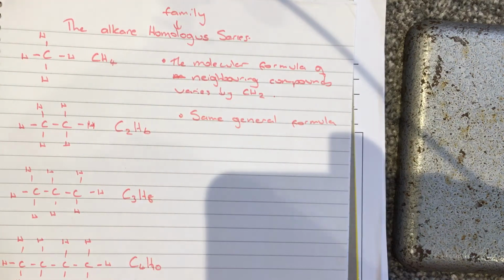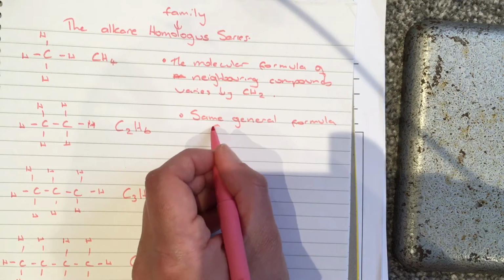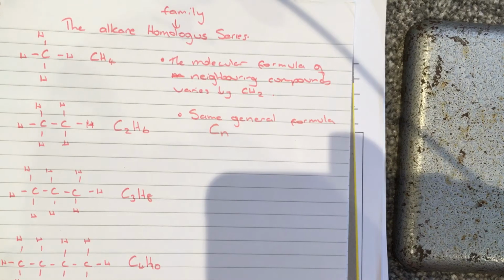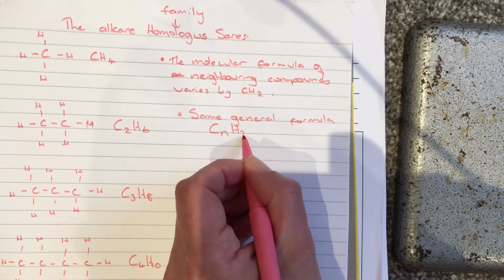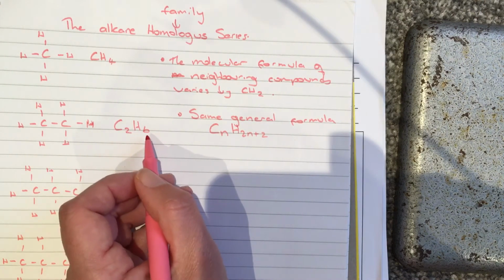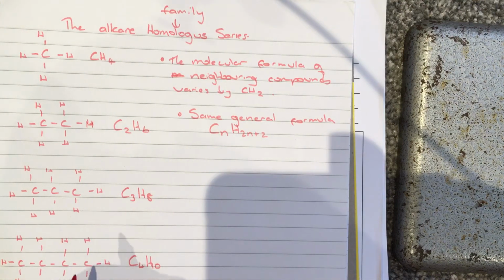And we represent that using a little bit of algebra. So the general formula for alkanes is C n. We use n to represent a number, and n could be any number. And then the number of hydrogens is represented as H 2n plus 2, because it's double the number of carbons plus an additional 2. This is a formula you're going to need to learn, and you may have to apply it.